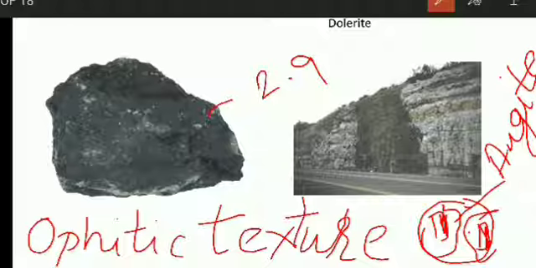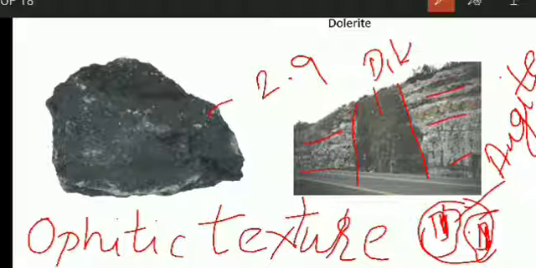Then it occurs as a dike. This is a dike. You can see the rocks on either side are different from this, so it is an intrusion of igneous rock. This is called the dike. A dike is a discordant form which cuts across the rocks. So this dolerite occurs as a dike and sill.